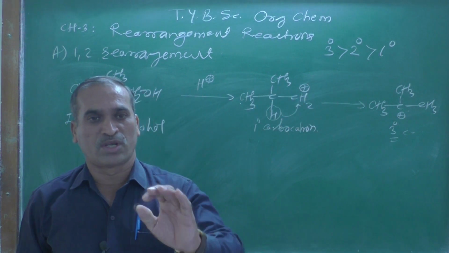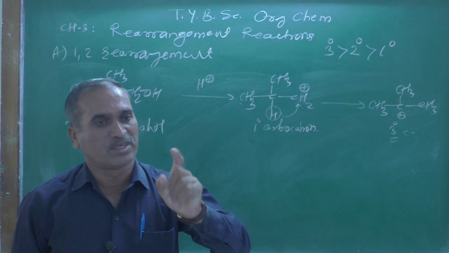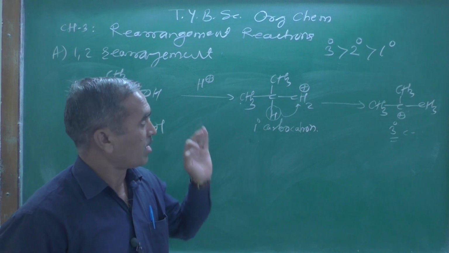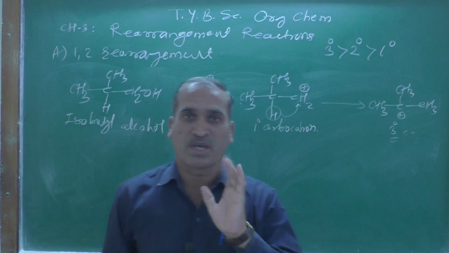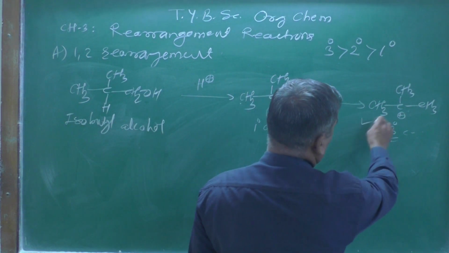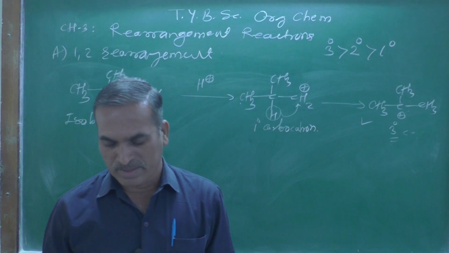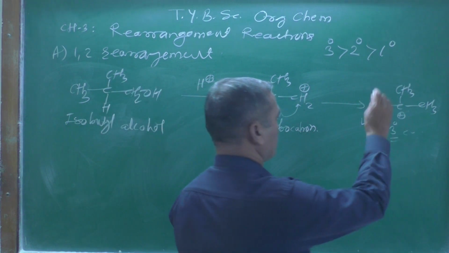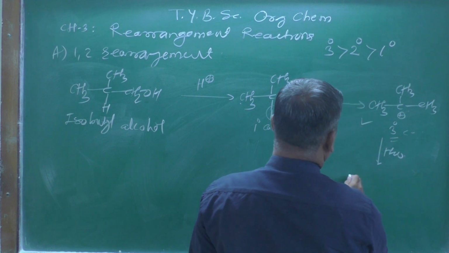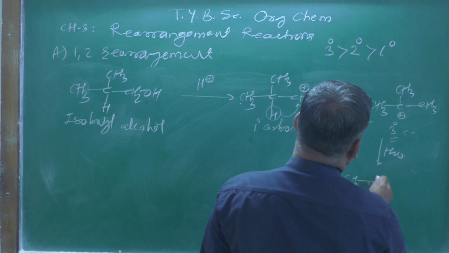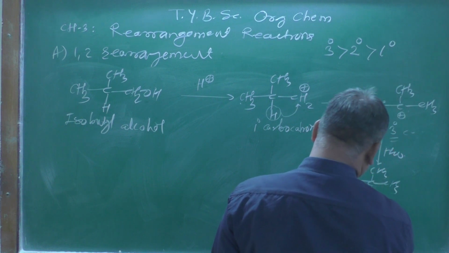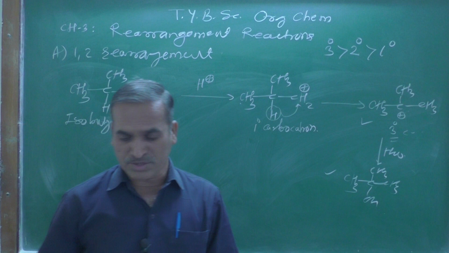This is the general trend of the stability of the carbocation, and that's why this carbocation is more stable than this one. If this carbocation is further treated with the solvent, the resulting compound formed will be this, CH3 and OH. So we will get a tertiary alcohol.